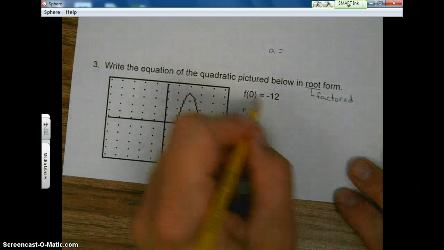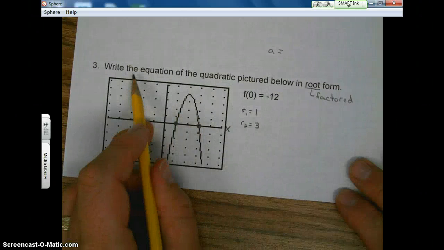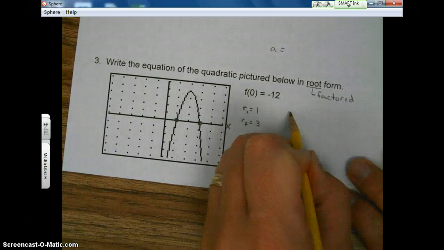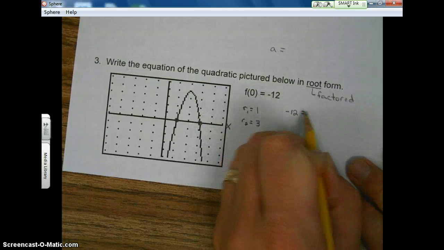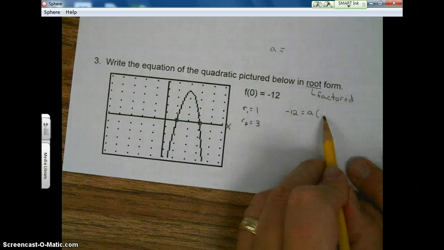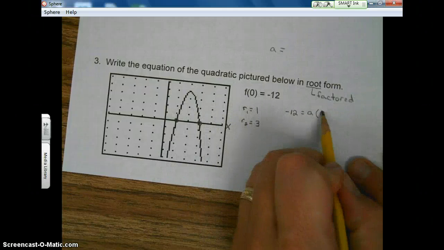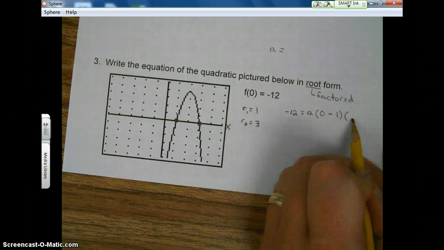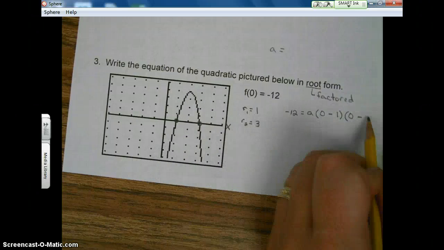Now we're writing the equation. So negative 12 goes in for y, equals a times x, which is 0, minus the root, times x, which is 0, minus the root.